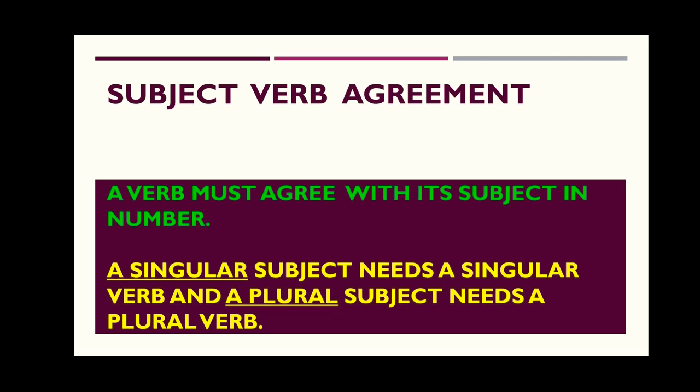So that means subject verb agreement means that a verb must agree with its subject in number. Now what is it? Well, in an easy way I can say that a singular subject needs a singular verb and a plural subject needs a plural verb.